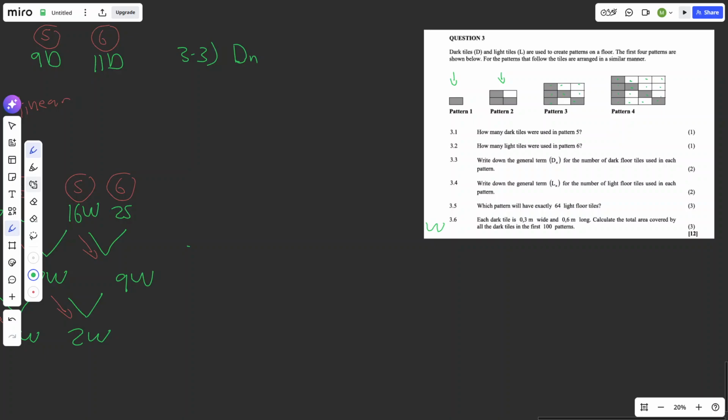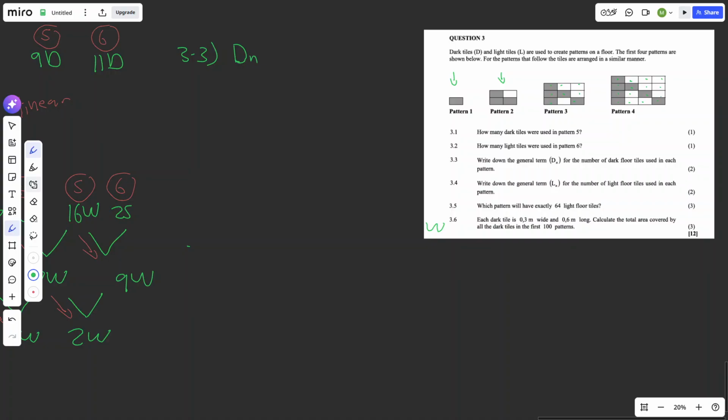Because if you want to find, let's say, the 1000th pattern, we want to find the number of dark tiles for that pattern. We don't want to be incrementing each and every term to get to that point. So instead of taking that long step process, we can simply use a general formula where we simply input a value and then get the required output.